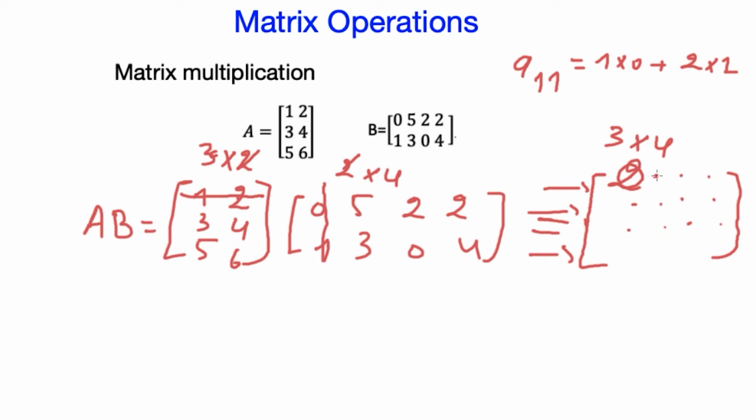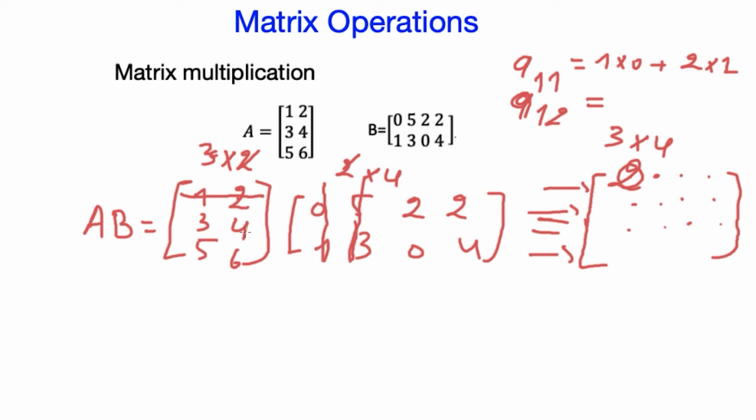And the entry here is at the first row and the second column, so we get it by multiplying the first row by the second column.